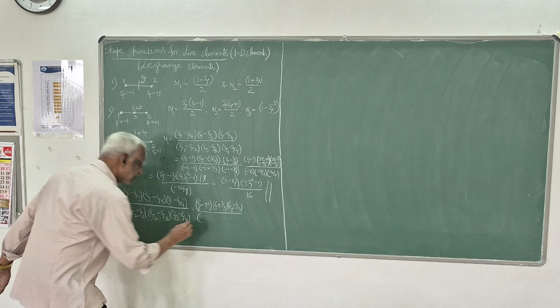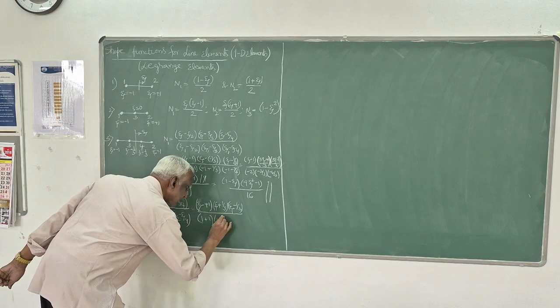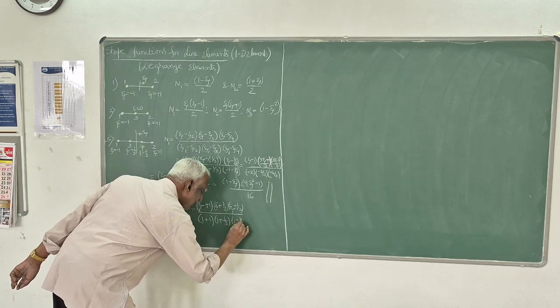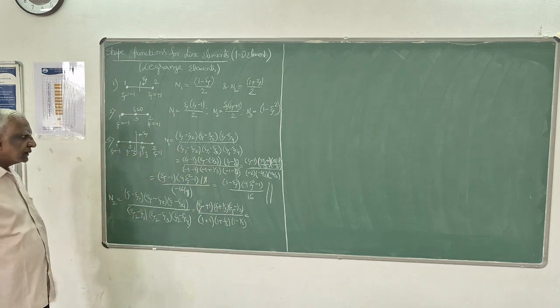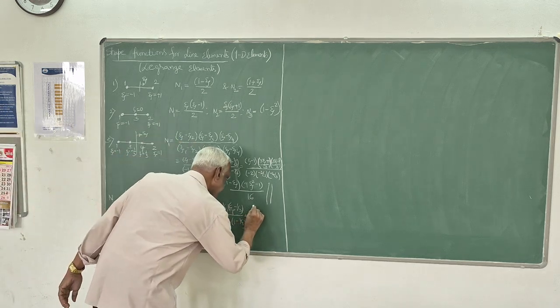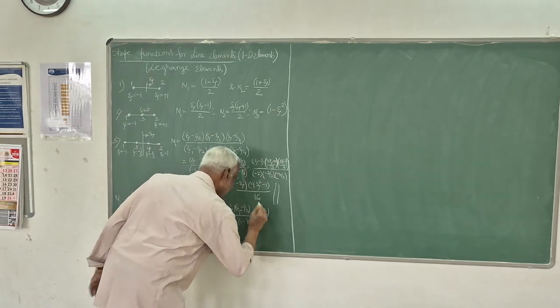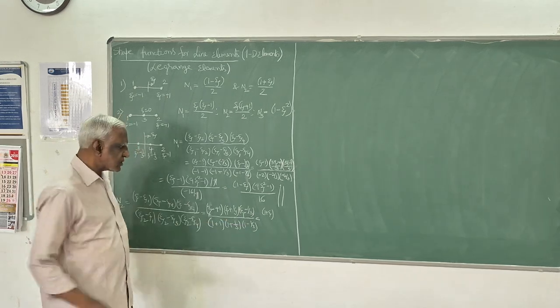psi 2, which is 1: 1 plus 1, 1 plus 1 by 3, 1 minus 1 by 3. This will be psi plus 1, 1 plus psi, this is 3 psi plus 1, 3 psi minus 1.